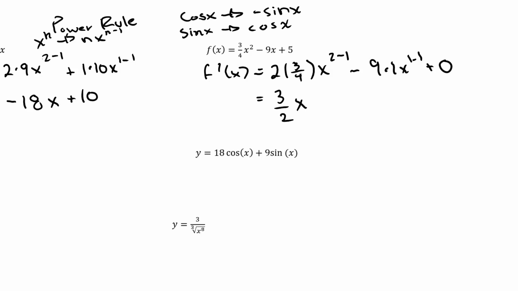X to the 2 minus 1 is x to the first. Then we have 9 times 1, which is 9. X to the 1 minus 1, x to the 0, which is just 1. And then we have plus 0, so that guy disappears.